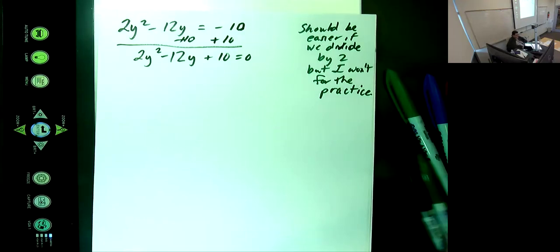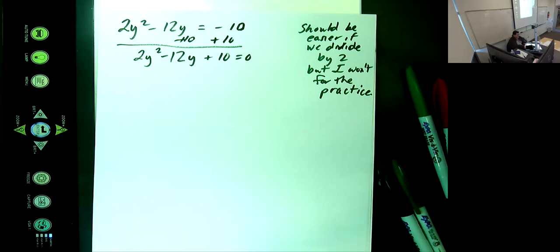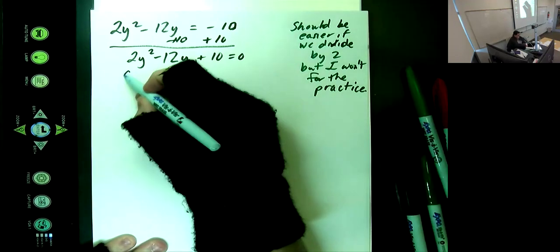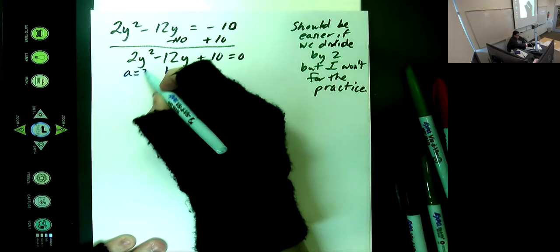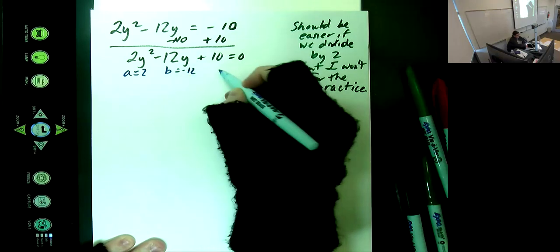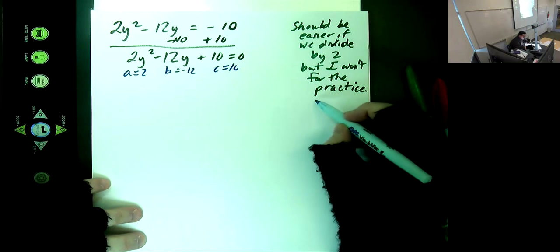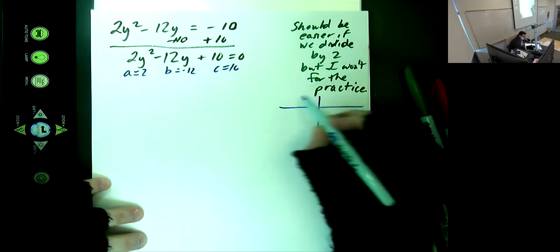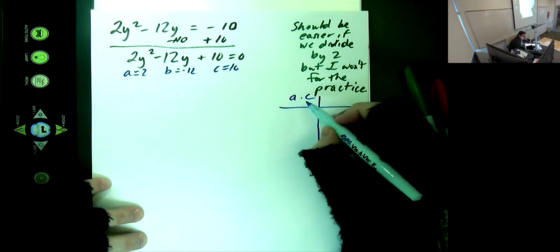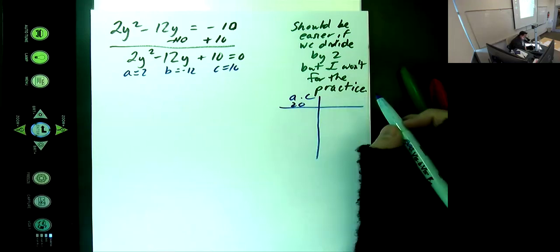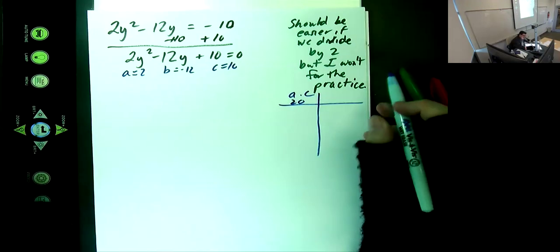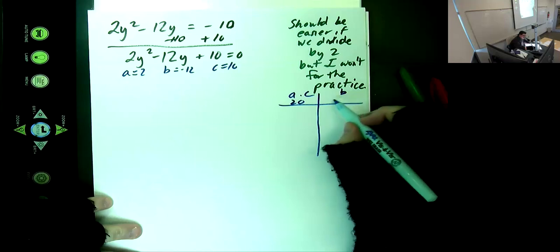So what we do is we want to factor it. This is A, this is B, A equals 2, B equals -12, C equals 10. We want to factor that. We've done factoring before. A times C has got to be 20, and B has to be -12.